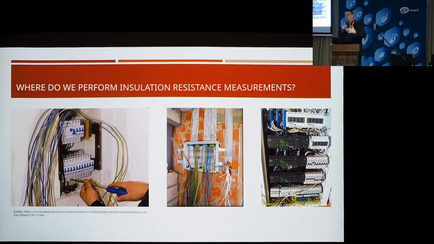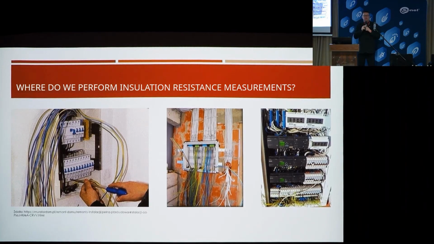the instruments that could be used for insulation resistance measurements on the kinds of objects we see here, well, people think they're determined solely by the test voltage.